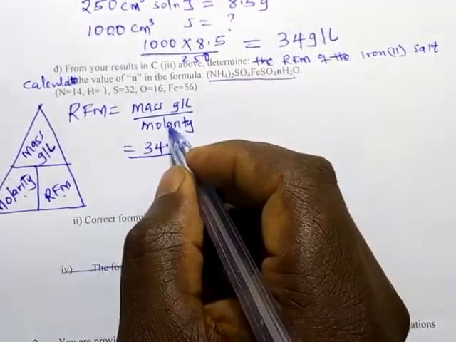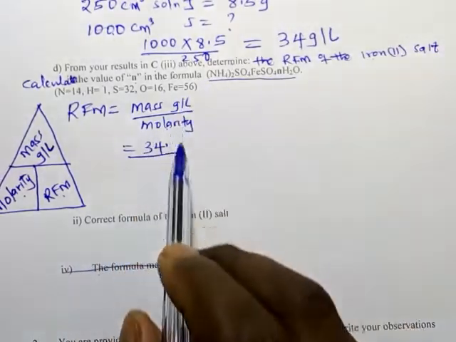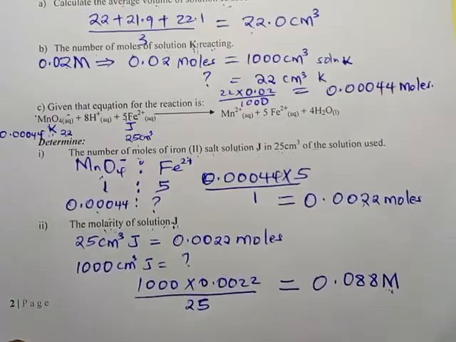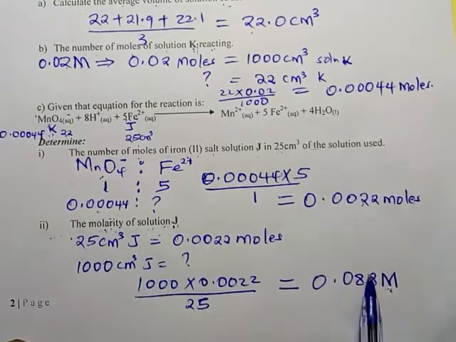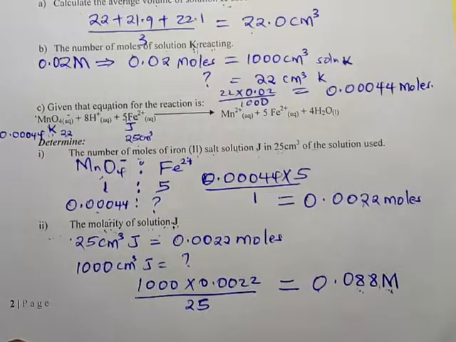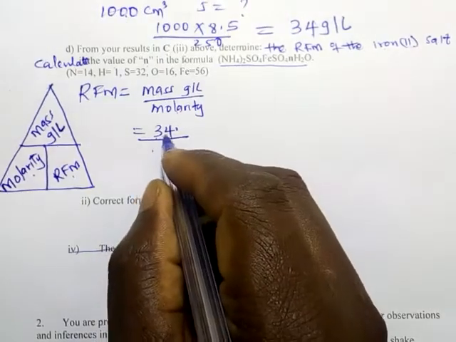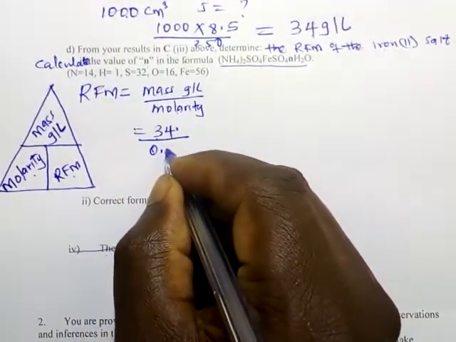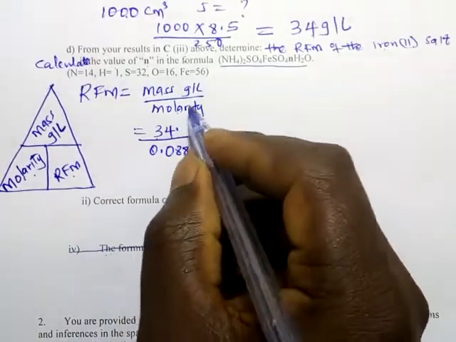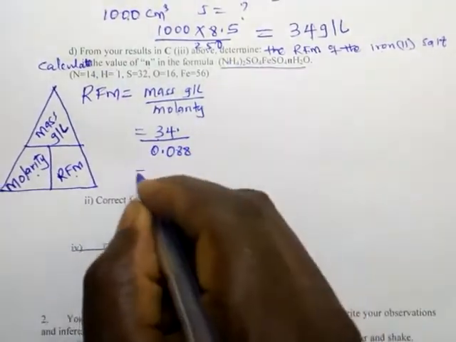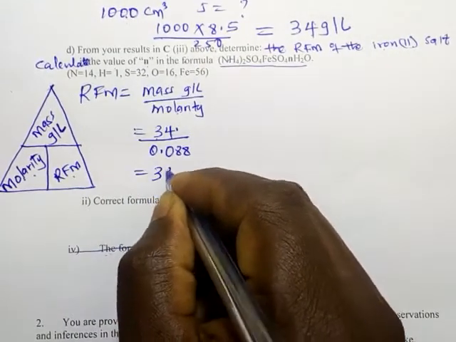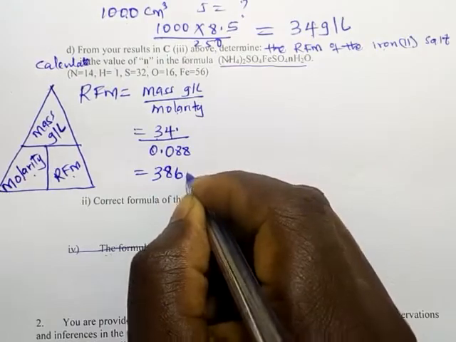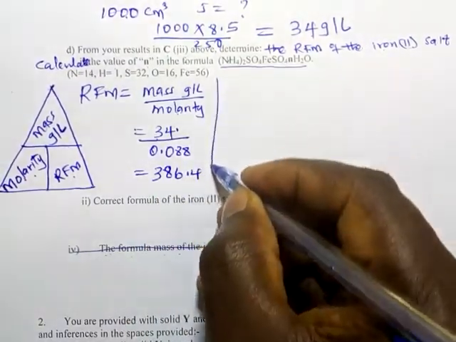We have calculated the molarity of the solution, which is 0.088 M. So 34 divided by 0.088, the molarity of solution J. Using your calculator, you will get 386.4. So that is the RFM.